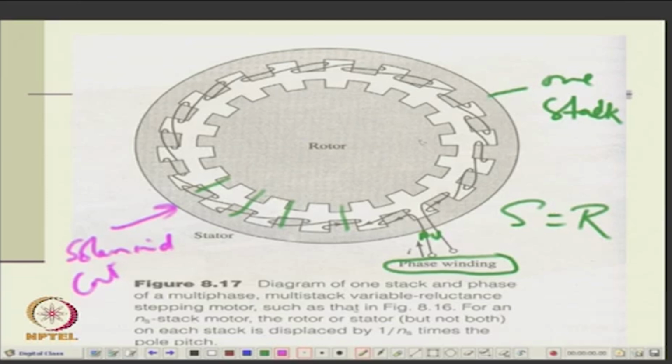It just goes round like this in one stack. So, one coil is just wound around, one phase. There are no multiple coils here, only one coil in this, and as soon as this is excited, the rotor aligns with reference to the stator. Then, it being a multi-stack, the other stack will be excited, and this gets shifted with the axis.